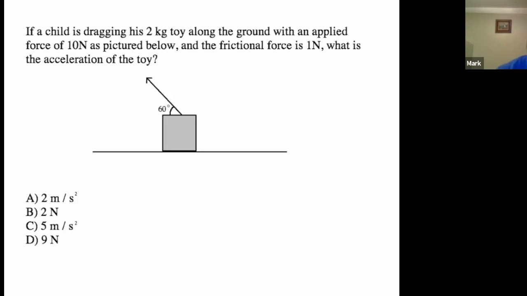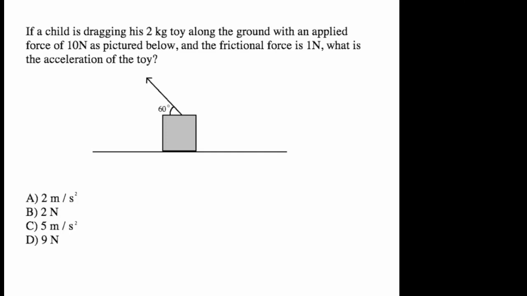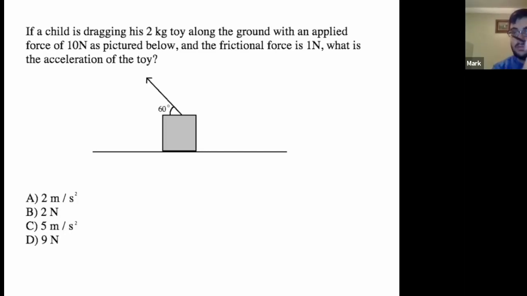With ladders, it's a little bit complicated because ladders are usually like this. I'm assuming the ladder is strapped or nailed to the floor somehow at the point of pivot, otherwise it would just fall.